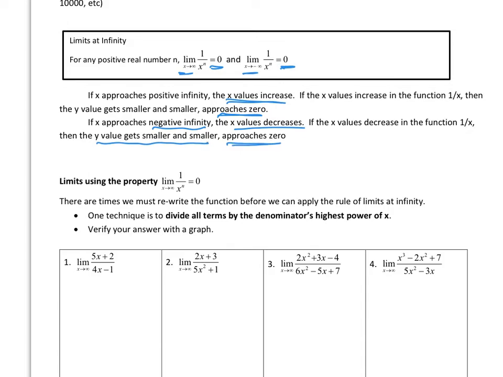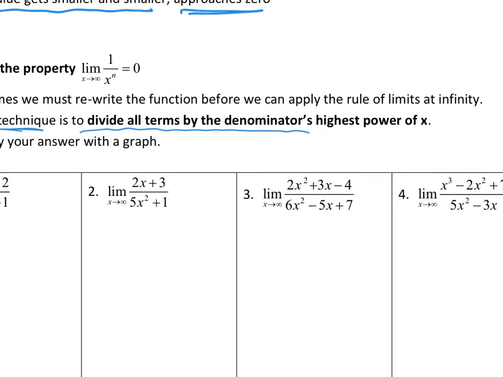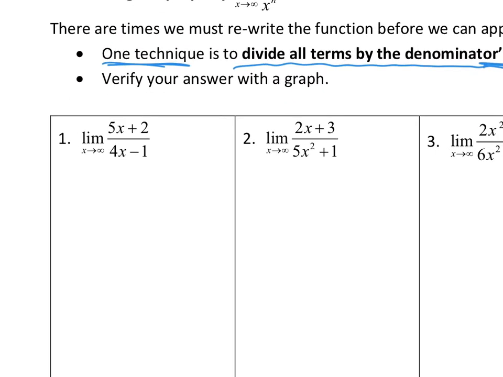So now, let's look at these examples again. The technique is to divide all terms by the denominator's highest power of x. So we have this little definition here. What we are going to do is identify the highest power, and we're going to divide each term by that.